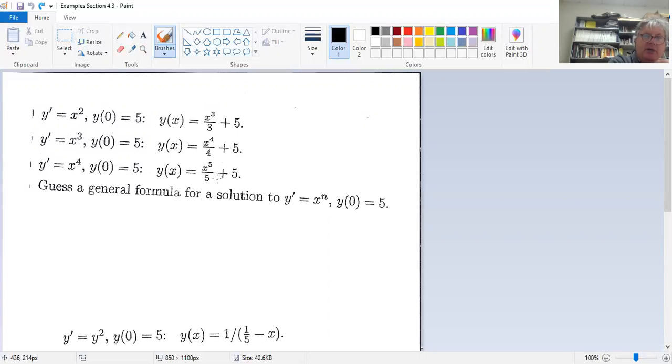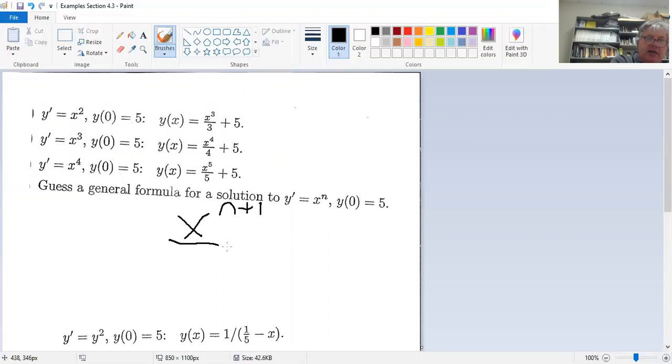And so now we want to guess a general formula for the solution to y prime equals x to the n, y0 equals 5. So since we want the derivative to be x to the n, maybe we should start with x to the n plus 1, right? Because when we take the derivative of that, we'll get x to the n, but down will come an n plus 1.